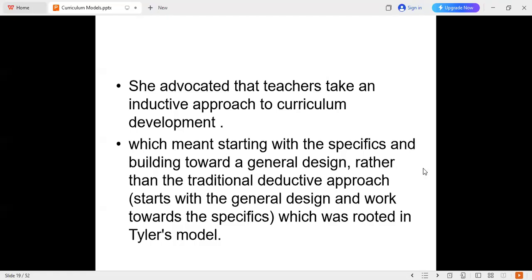From specifics, the teacher should come to the general, rather than the traditional deductive approach. Deductive approach, they started with the general design and work toward the specifics, which was rooted in the Tyler model.